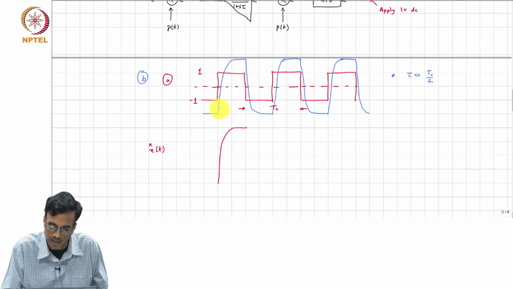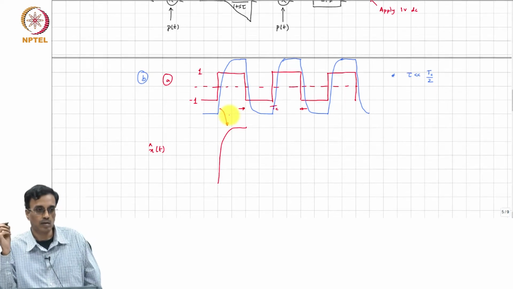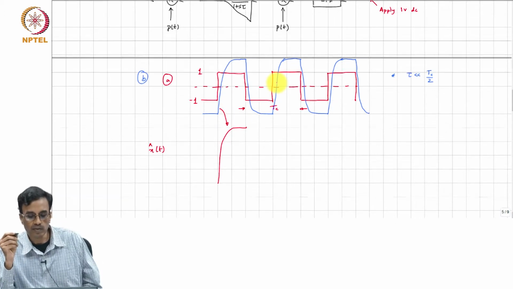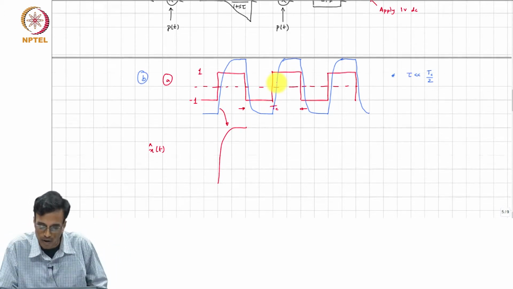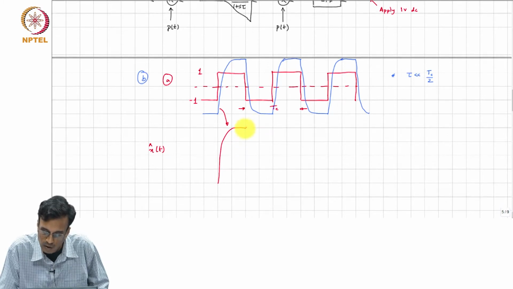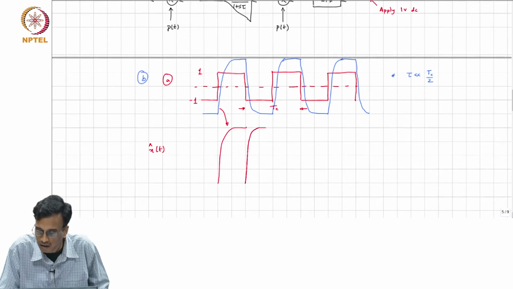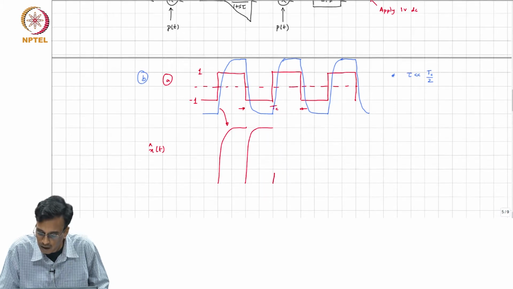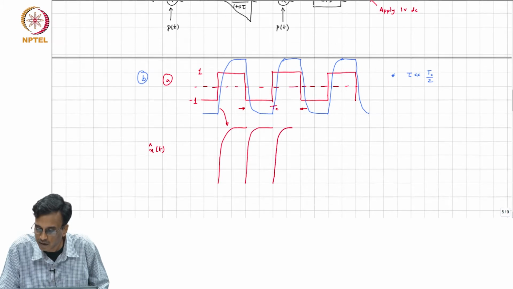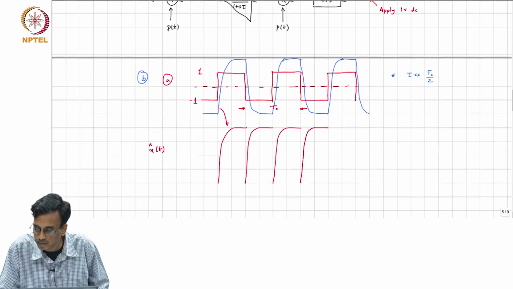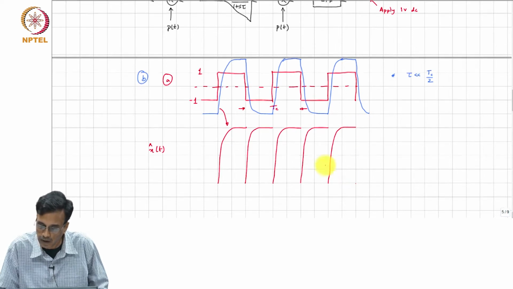This red part is the same as this blue part, right. Then in the second half cycle, you multiply it by -1. So, basically what you will see is something like this, then again you will see something like this, and so on.